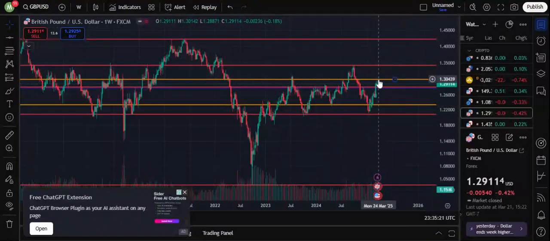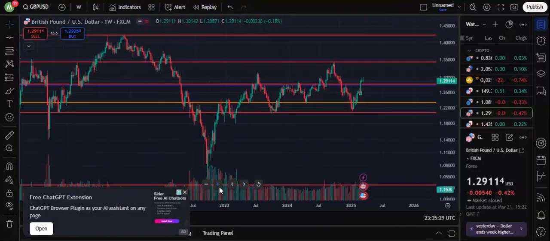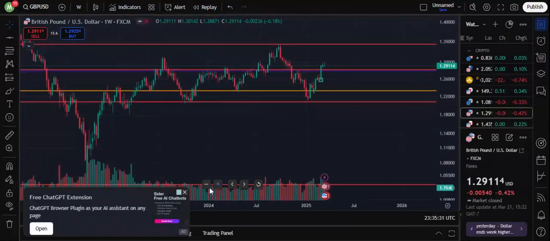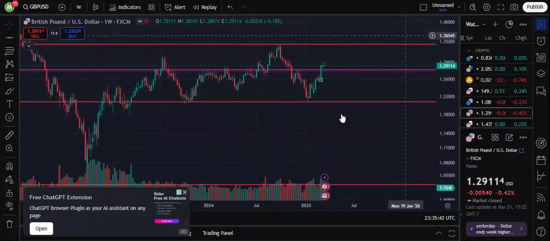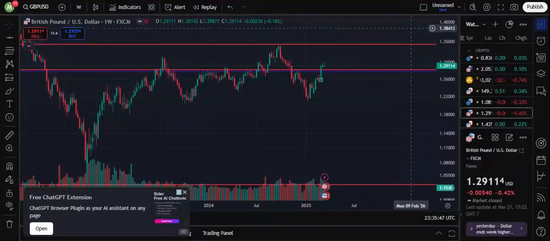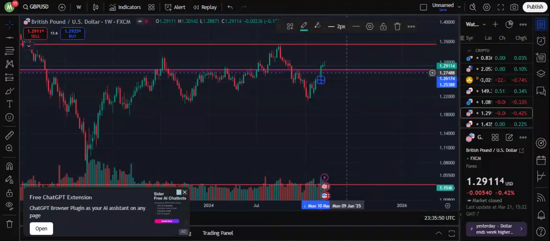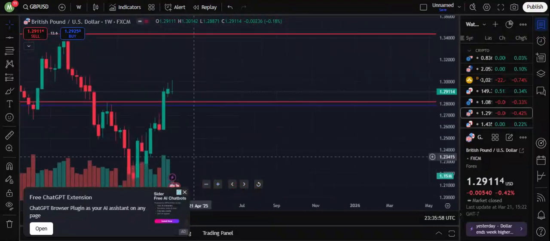And then delete and start afresh. Let's start afresh.